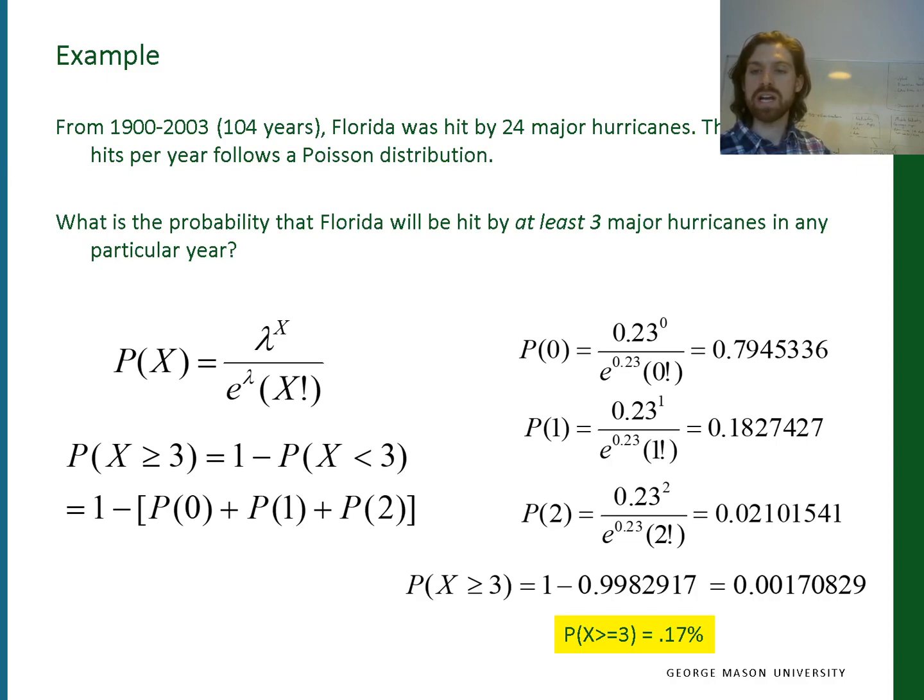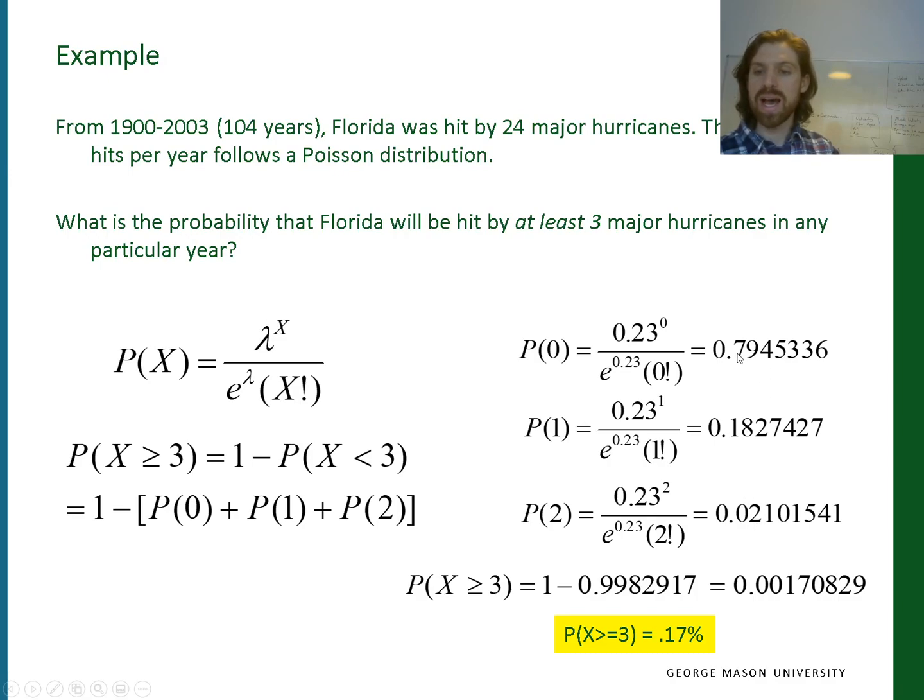So basically there's a 79% chance that no hurricanes will hit Florida in any one year based on the time series that we've got here. And then if we calculate this for 1 hurricane hitting Florida, we would get 0.18. So there's about an 18% chance every year that a hurricane might actually hit landfall on Florida. And then for the circumstance where there might be 2 hurricanes hitting Florida in a single year, we'd be looking at about 0.02. So it's about 2%, essentially.